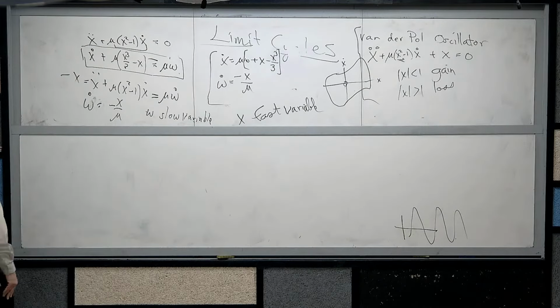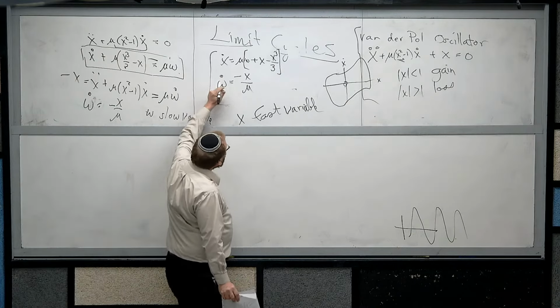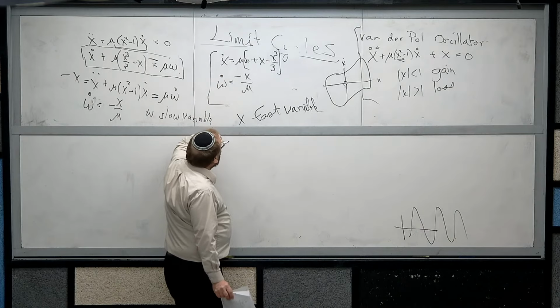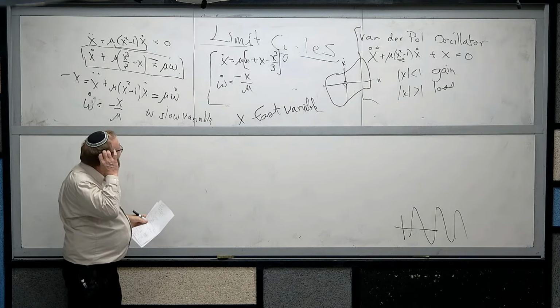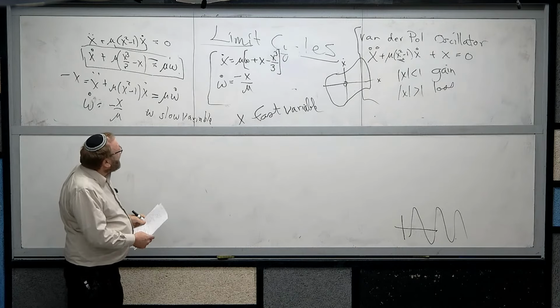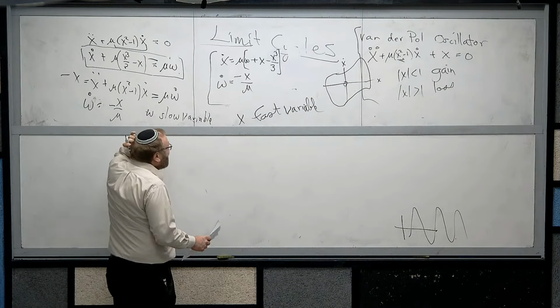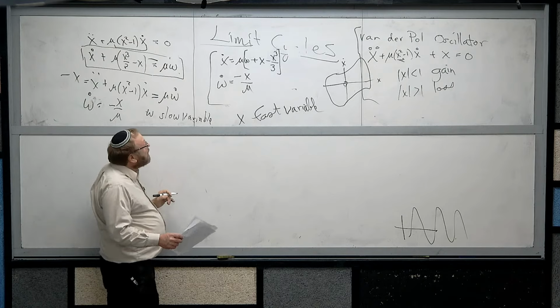Okay. Now, so we have these equations. So there are two possibilities in life.